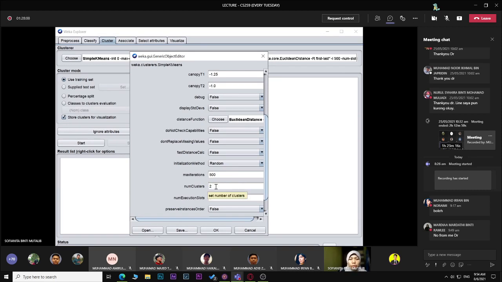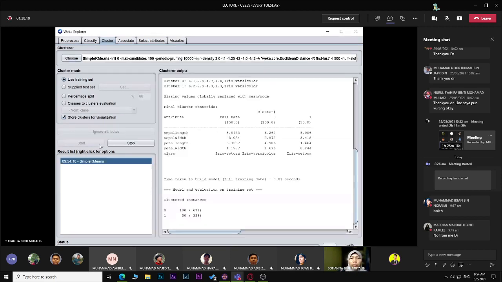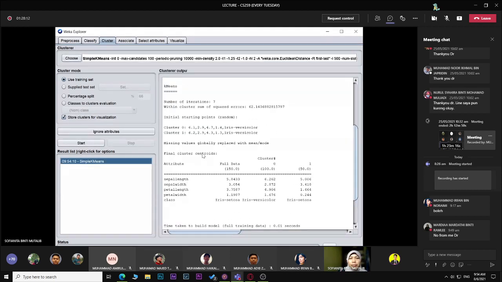Firstly, we can set 2, and then later on we update into 3, 4, 5 and so forth. So for example, we start with 2, then you click OK and then you click start. So this is the outcome of the clusters produced from the data set.